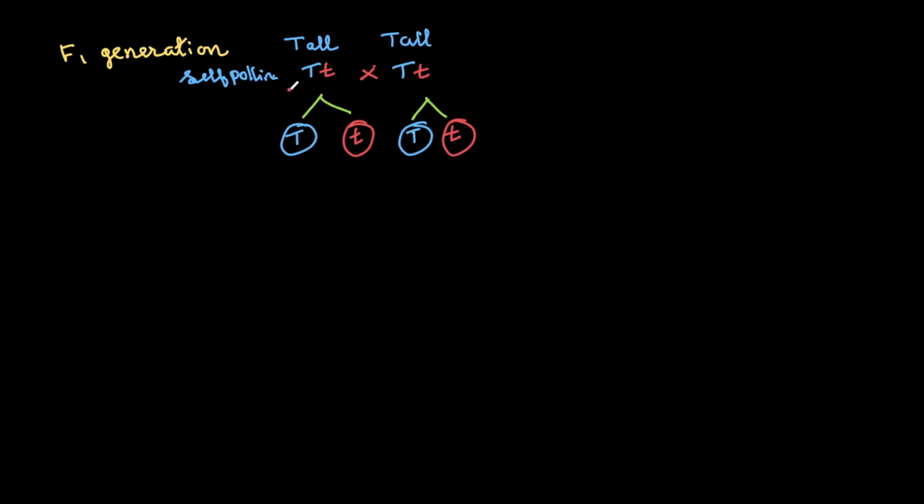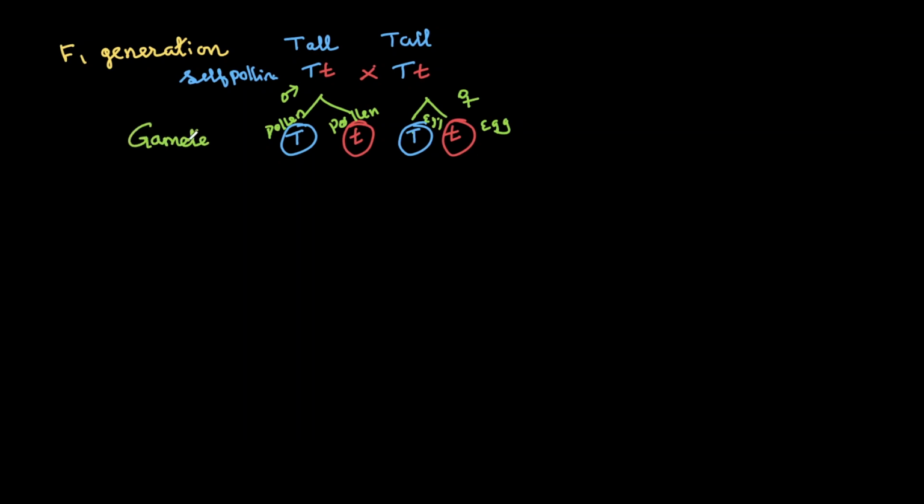If this is a male plant and this is a female plant, this will be the male gamete, pollen, and this is the female gamete, egg.